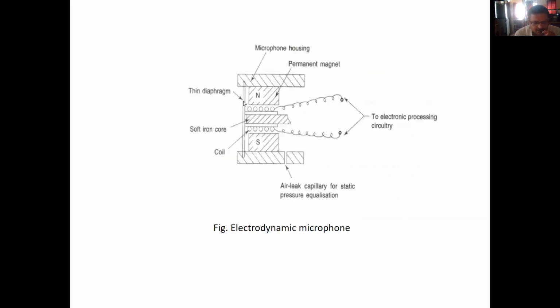Therefore, if this diaphragm moves, the voltage will be induced in the coil, and it is directly connected through this terminal. We get the record of voltage, and that voltage is directly calibrated in terms of sound pressure, so we get the reading of sound pressure directly. Therefore, these are the microphones.